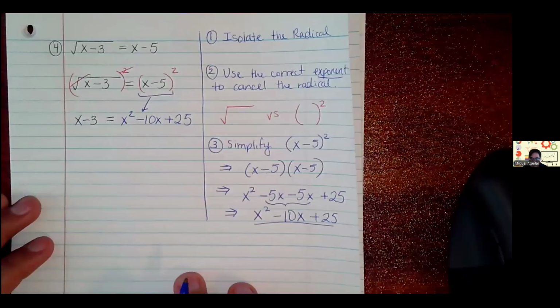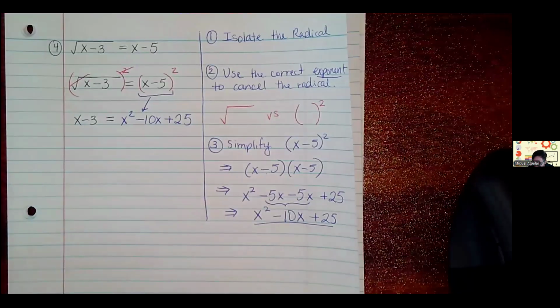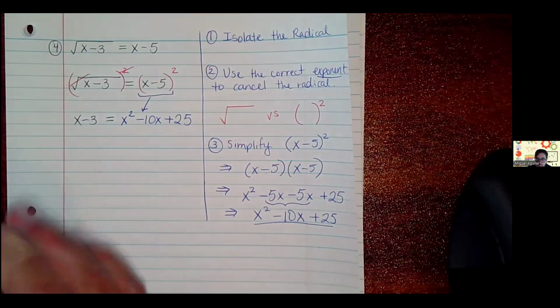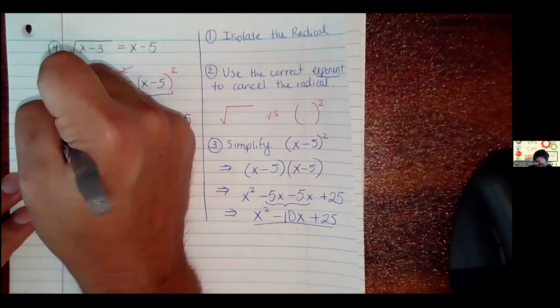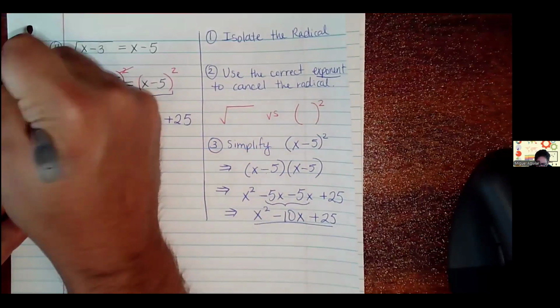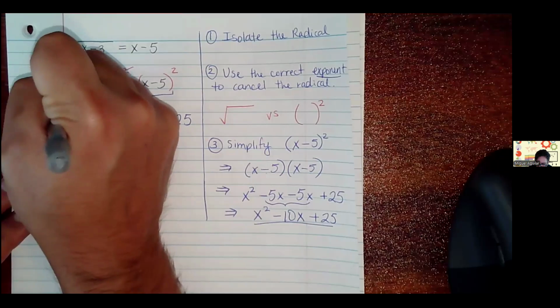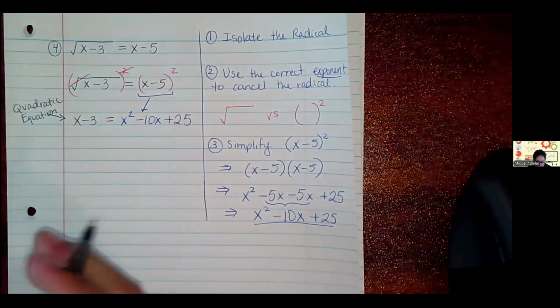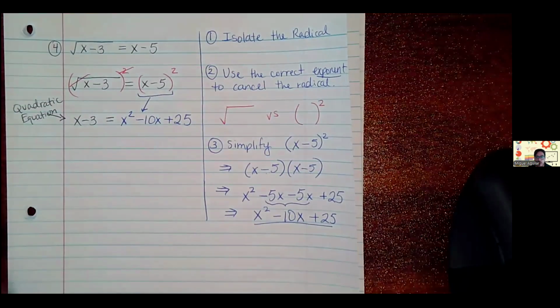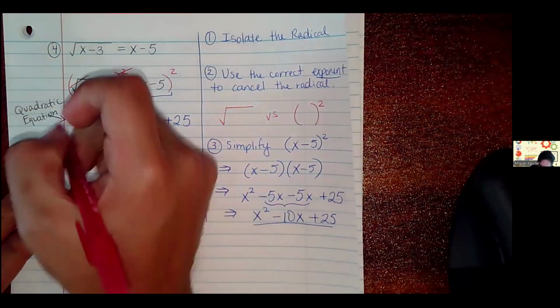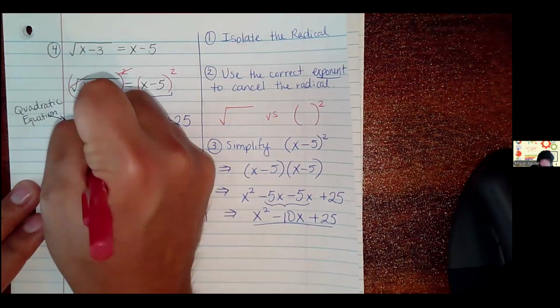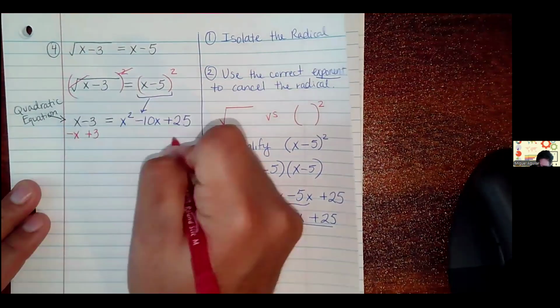Okay, so if now you're feeling a little bit apprehensive, a little bit anxious, it's because we no longer have that situation where we ended up with the linear equation. This is now a quadratic equation. And we have to remember how to solve quadratic equations. This is going to require us to get our equation into standard form, which means I need to subtract the x and add the 3 over to the other side of the equation.